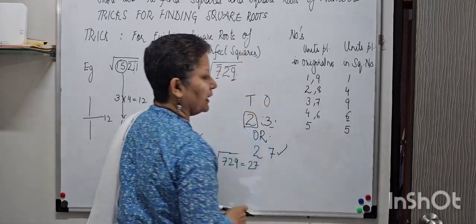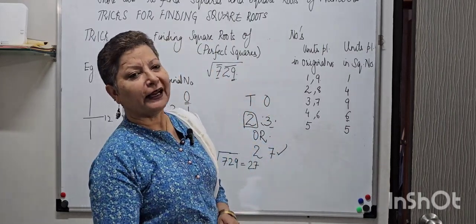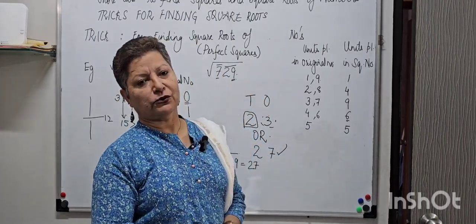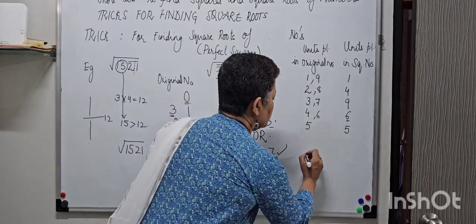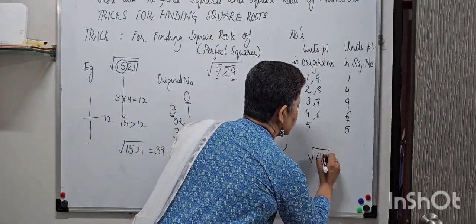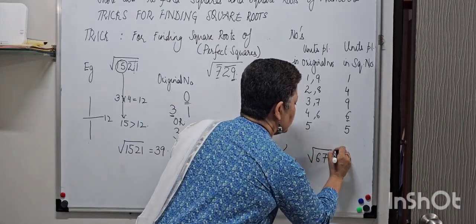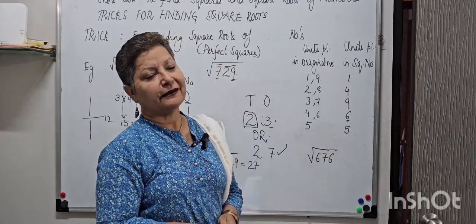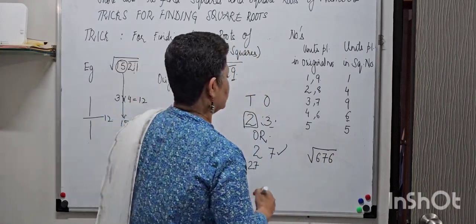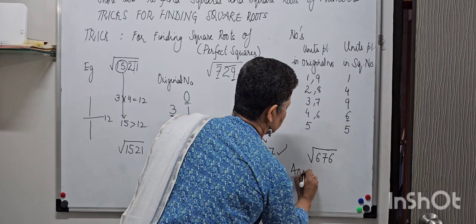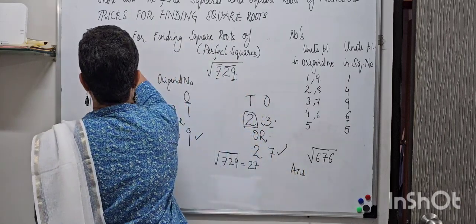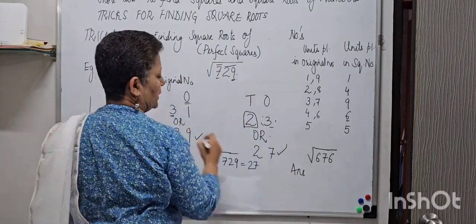Can you also then find me another square root? And I'll give you a deliberately easy one so that you feel at home. You're going to find me the square root of 676 by this method. And this you're going to be commenting as answer for, let's call this trick 1 for squares.